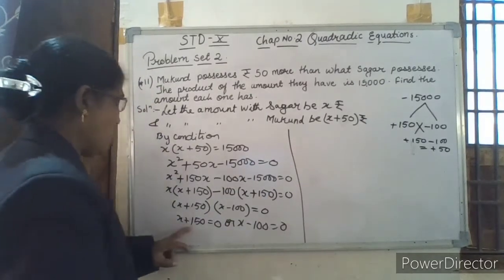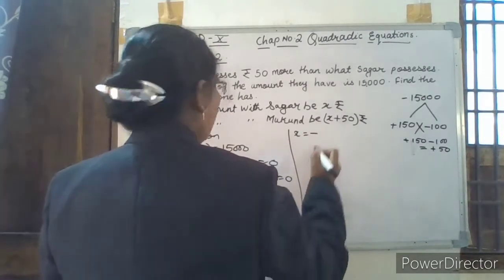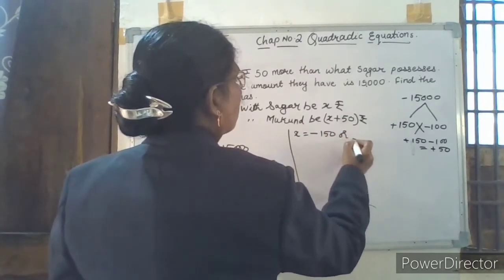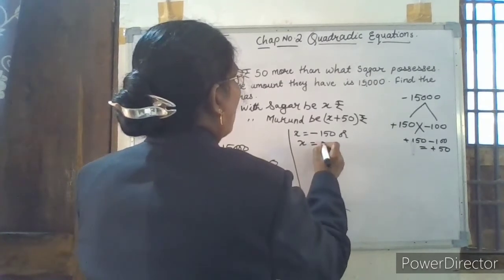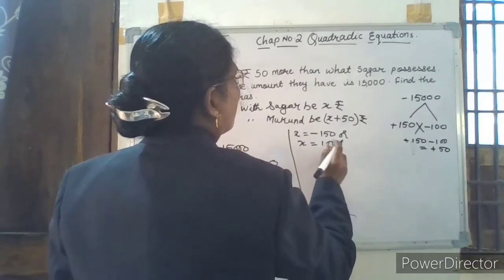Now x will be equal to minus 150 or x is equal to 100.